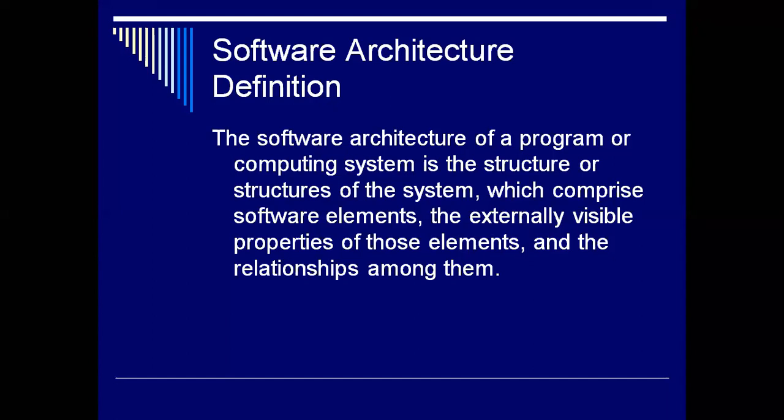So the extract of this definition is that software architecture is a program which controls a system that is built with software elements, and those software elements have a number of properties and relationships between the elements. So overall this is a phenomenon which is known as software architecture.